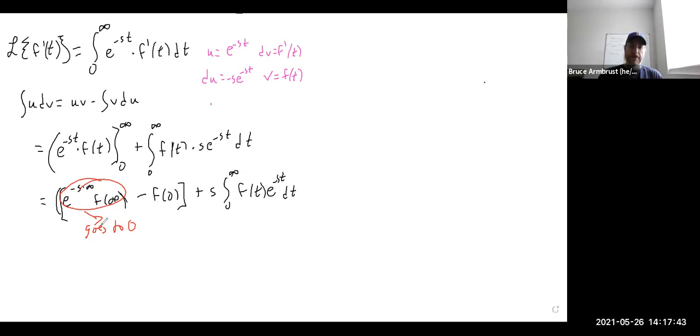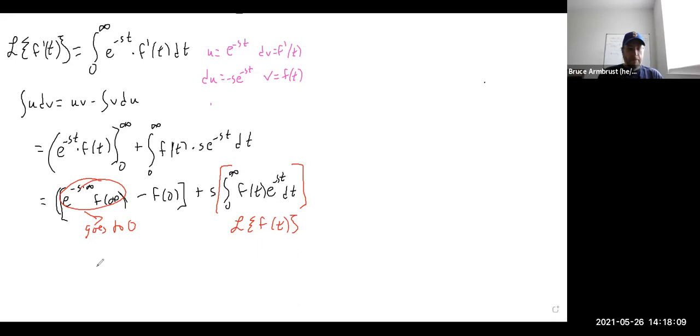So that's going to go to 0. Now, I want you to notice that this bit, that's the integral itself. By definition, this is just the Laplace transform of f.